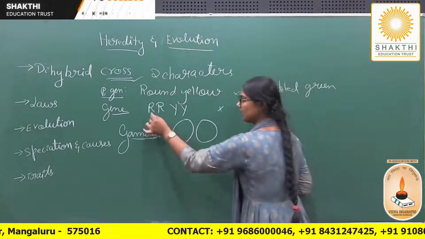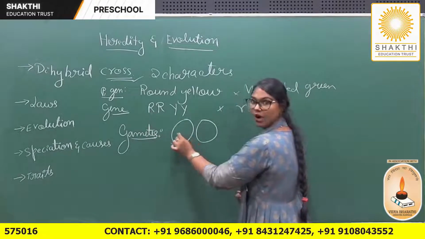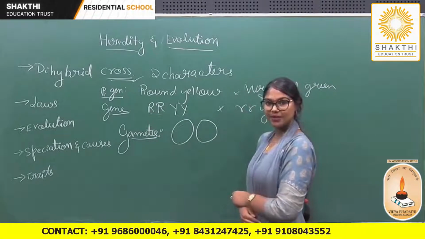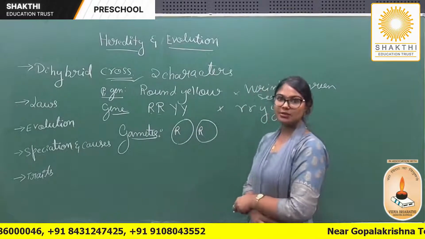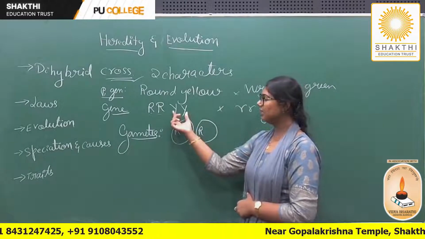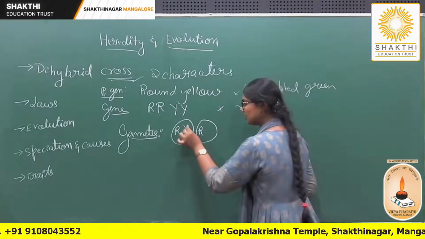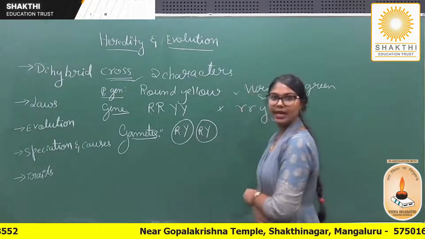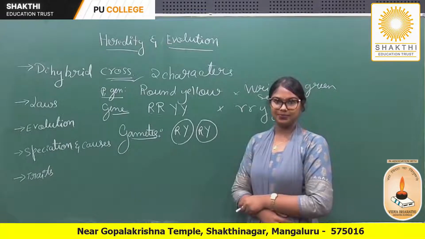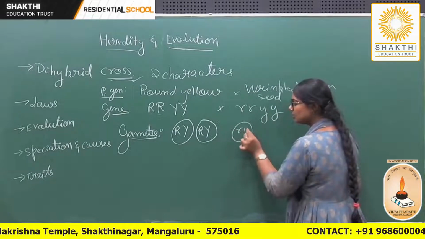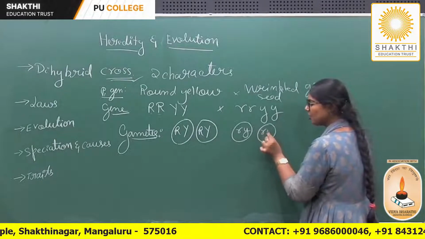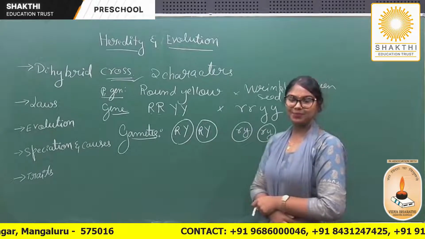Since there are two R's and I cannot write both in the same circle, I will draw two circles and write one R in each. Same thing, we have two Y's. Inside one circle I'll write one Y, and in another I'll write the other one. Following the same pattern, we have small r, small y and small r, small y.